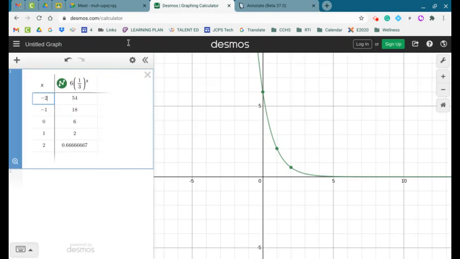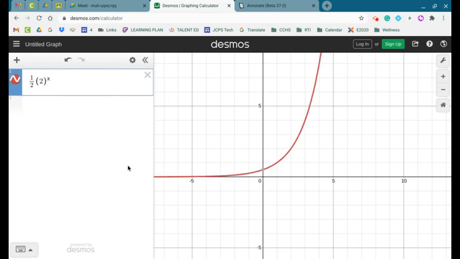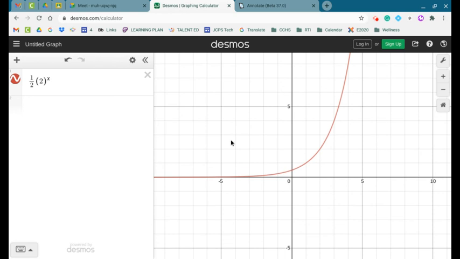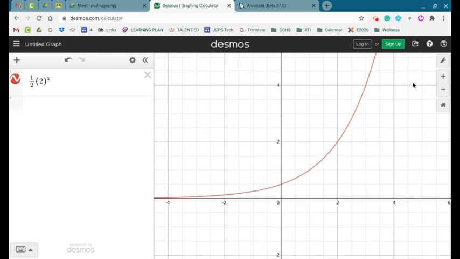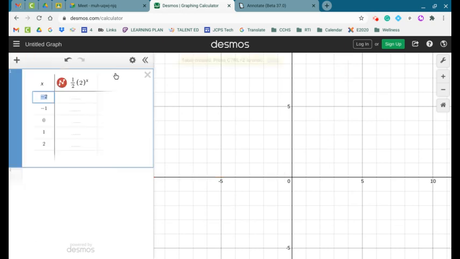So we're going to have 1/2 times 2 to the x. And then again, if you hit the gear button and then hit the table, it'll give you your table.